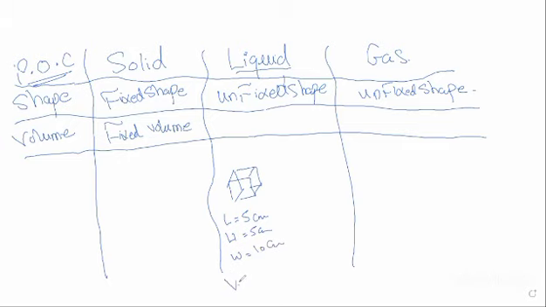What will be the total volume? Total volume is 5 times 5 times 10. So 5 times 5 is 25, 25 times 10 is 250 cubic centimeters. Can I have a different shape with the same volume? Yes, if I have this cuboid.